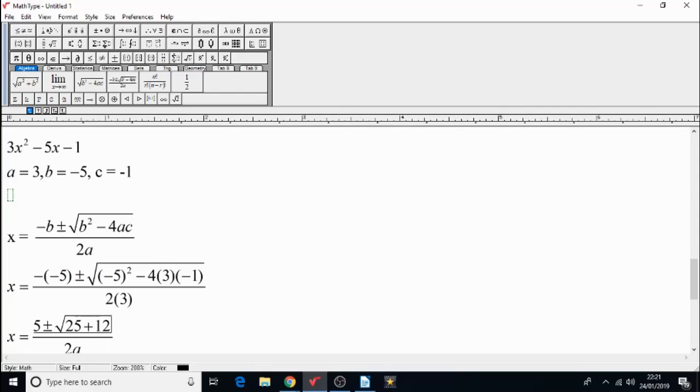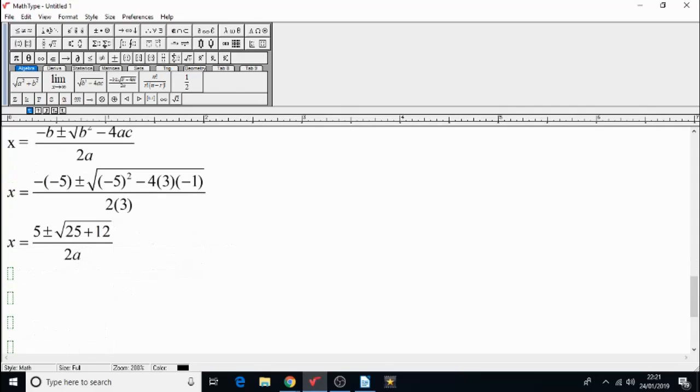And then the denominator will be divided by 6 because 2 multiplied by 3. So we're going to work out when x is equal to 5 plus the square root of 37 divided by 6. You can key that into a calculator.